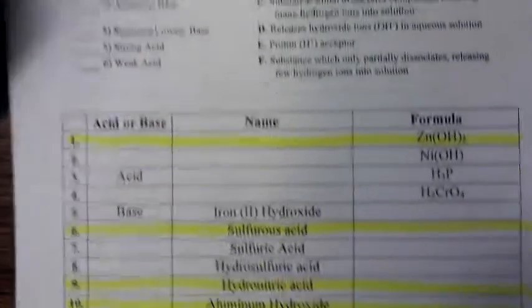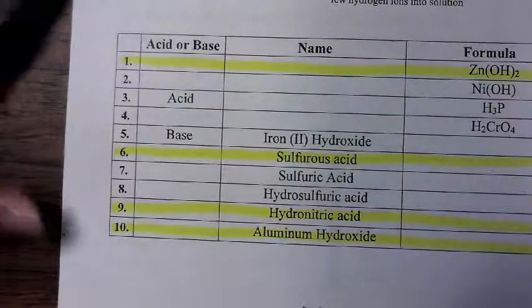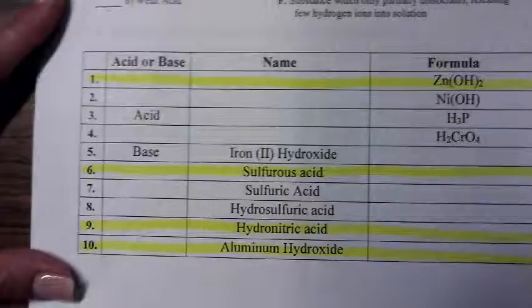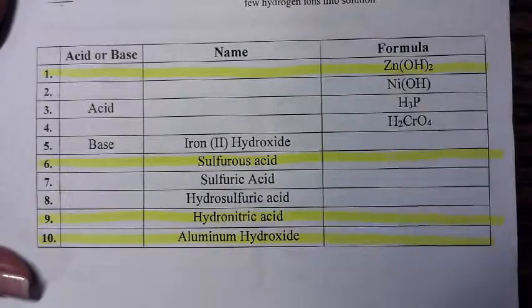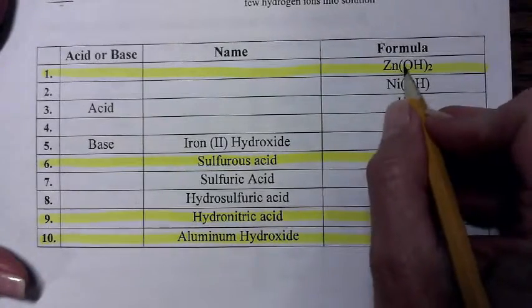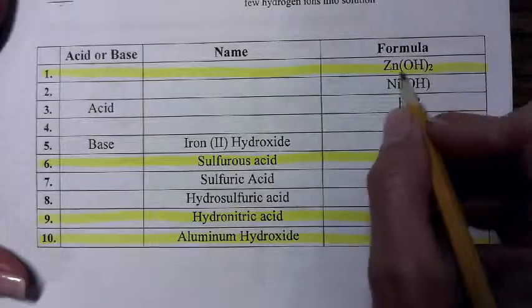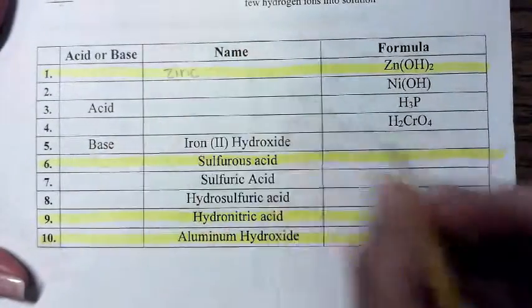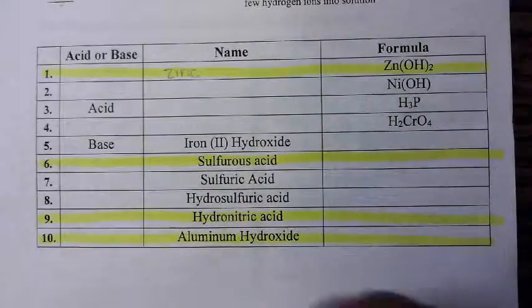Okay, on the bottom, let me do some of these. It's been a while since some of you guys have had to name and write formulas. So let's see if we can get through this. Zn(OH)2. Okay, Zn is the symbol for zinc. And OH is a polyatomic ion.